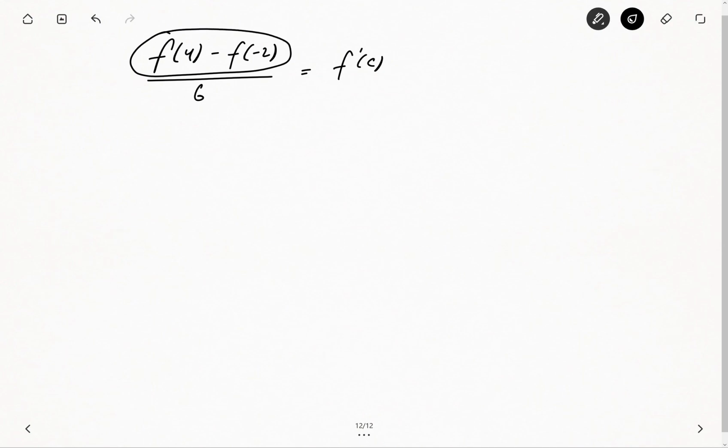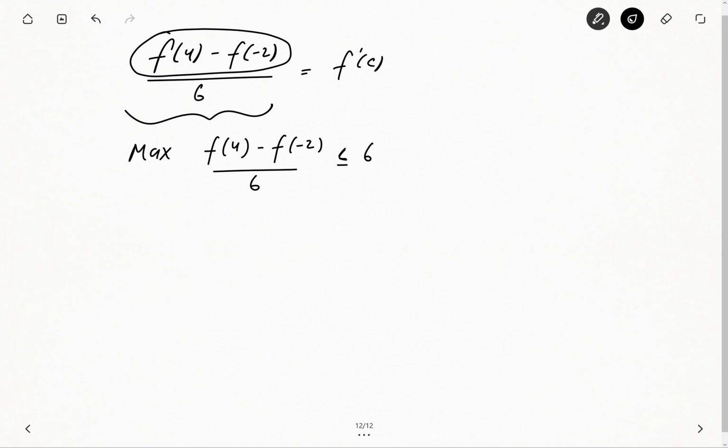So the max value of this whole thing must be the max value of the derivative, which we got. In this case, the max value was 6. So the max value that (f(4) - f(-2)) / 6 can ever take in this situation always has to be less than or equal to 6.